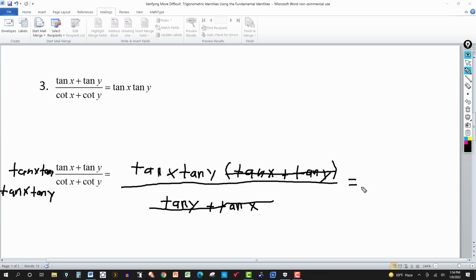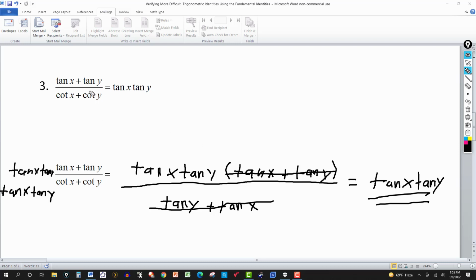So this then would give me tangent of x times tangent of y, which is what I wanted to come up with. That's the way you derive it.